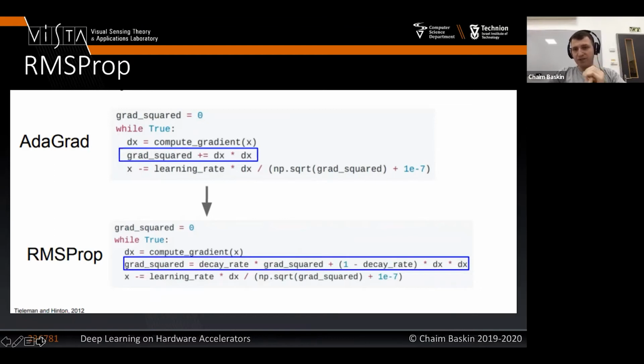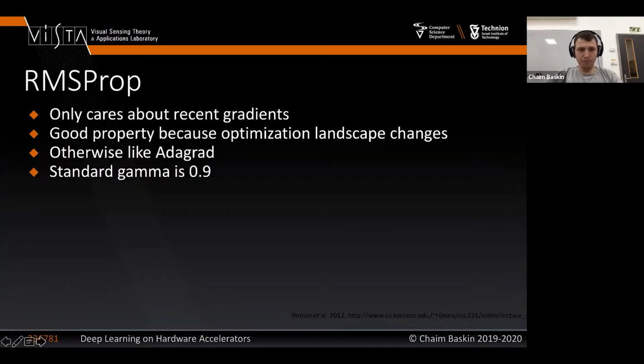It's defined as the decay rate multiplied by grad squared, plus 1 minus the decay rate, multiplied by dx, and here we multiply it by dx 2 times. So what's the difference? RMSprop cares about recent gradients and not about the old gradients. We don't need to keep all the history.